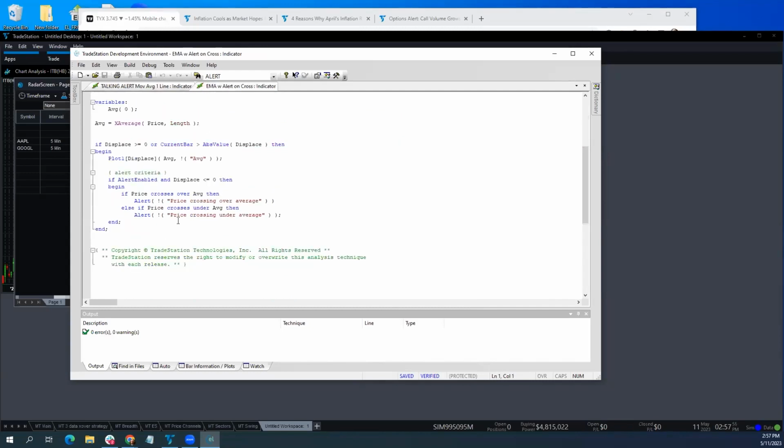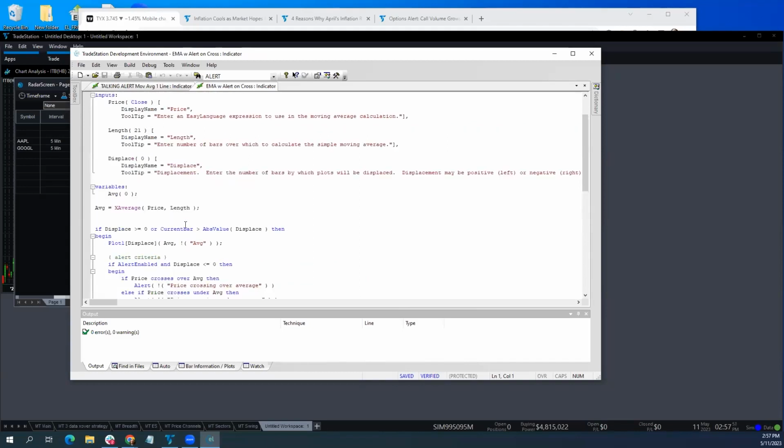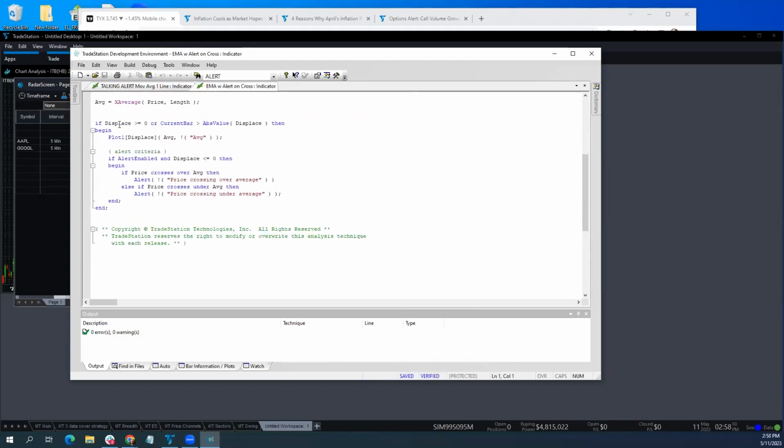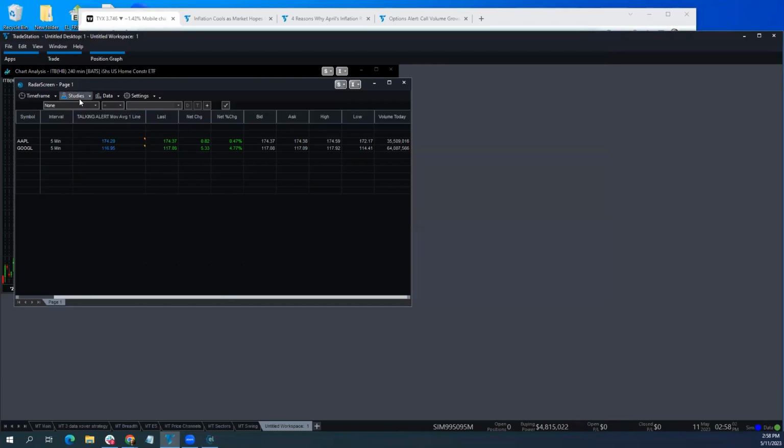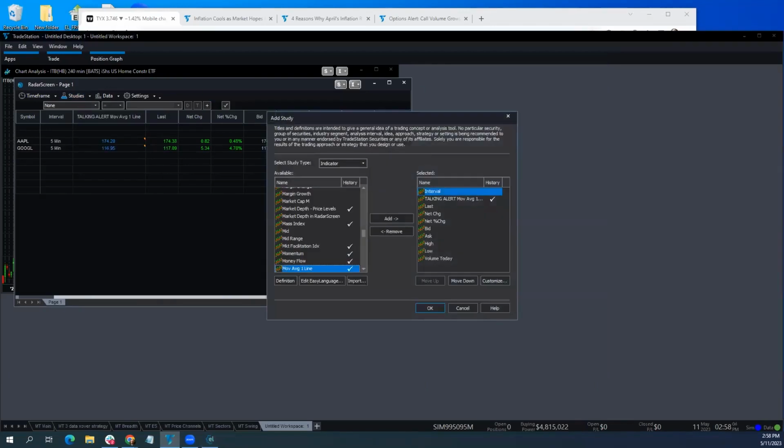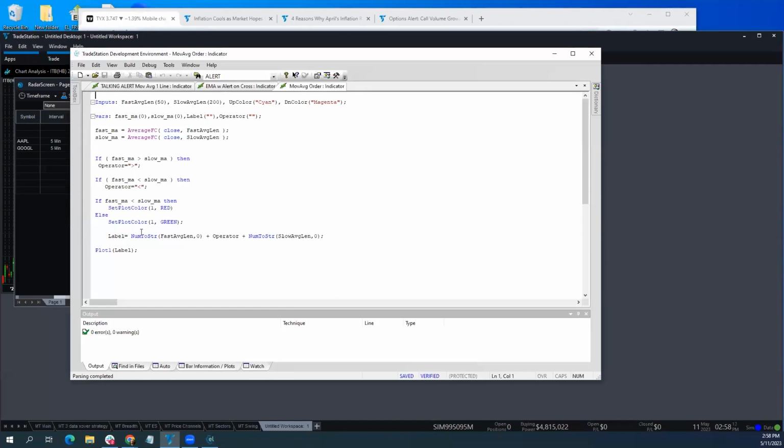Let me actually see here. I do have one other really quick. All right, it's called num2str. So this is the actual thing.